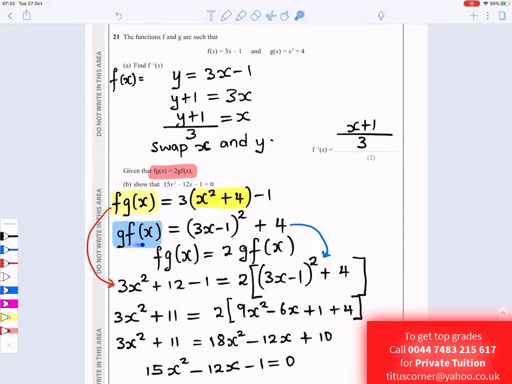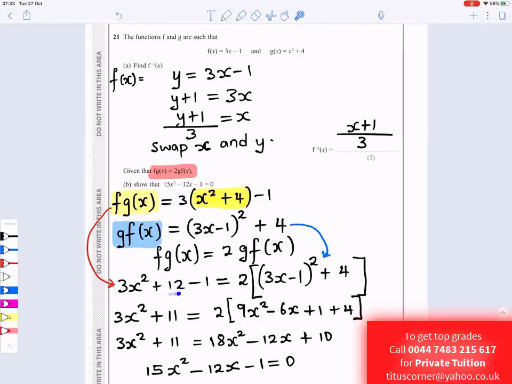For gf of x, we take f of x, which is 3x minus 1, replace the x in g of x. So 3x minus 1 takes the place of x, and that becomes 3x minus 1 all squared plus 4. We put it in that equation.